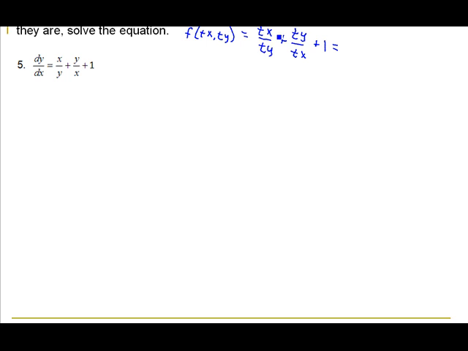And for both of these fractions, the t's are going to cancel each other out to leave you with x over y plus y over x plus 1. And this again is going to be our function. And when you multiply that by a power of t, it's going to be times t to the 0.